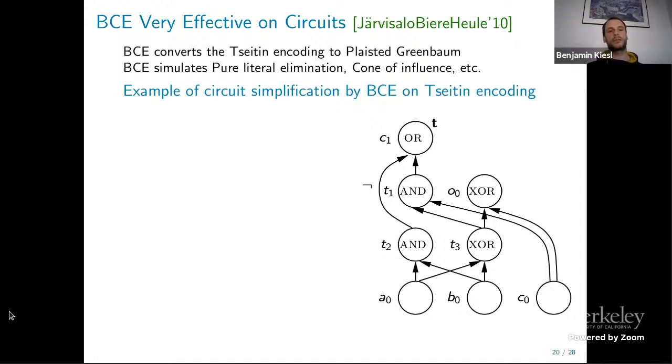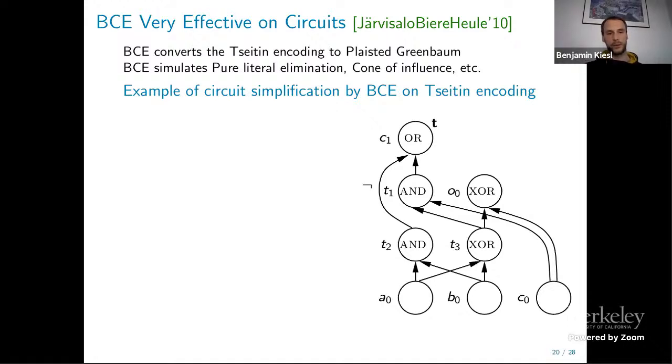And what you can show is that actually, if you apply blocked clause elimination to the Tseitin encoding, you can get the Plaisted-Greenbaum encoding. And likewise, you can do a few circuit simplification techniques that are simulated if you do them on a CNF, like pure literal elimination or cone of influence.